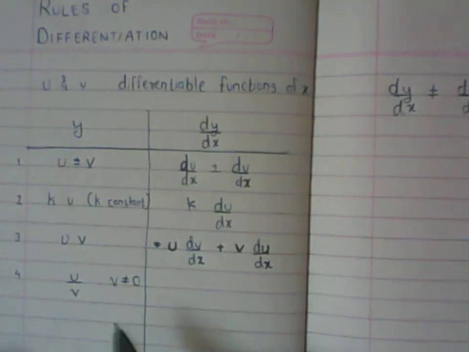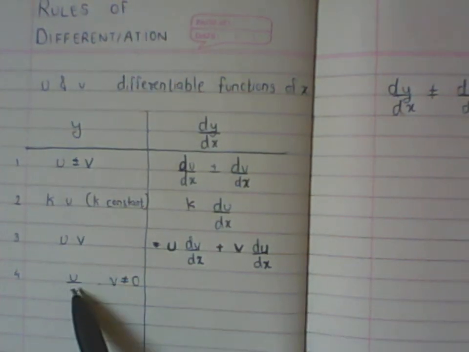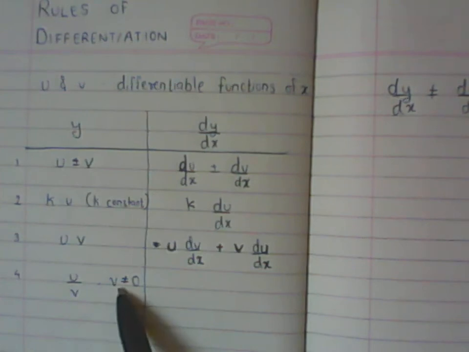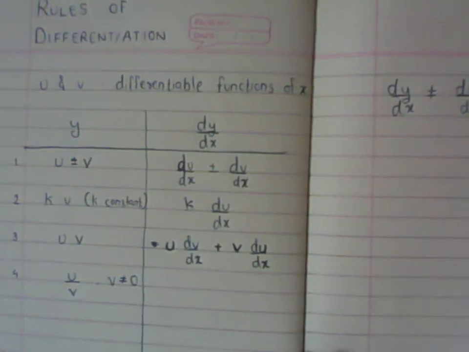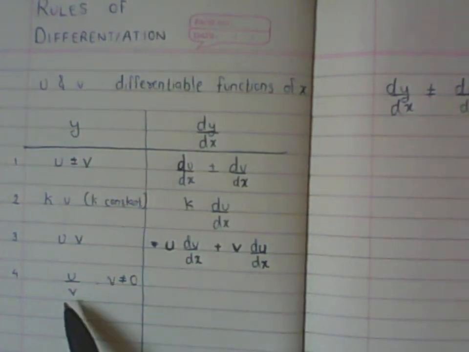The next and final rule is that of the quotient. If you have your function as a quotient of two functions, and of course we'll assume that this v is non-zero because dividing by 0 is not possible. So in this case, there are multiple ways of looking at this. When you learn the chain rule in future videos, you'll realize that this is not something new.